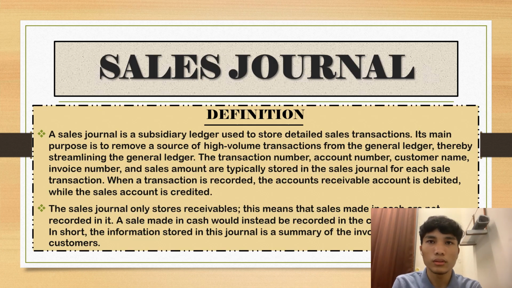Sales journal. Definition of the sales journal. The sales journal is a subsidiary ledger used to store detailed sales transactions. Its main purpose is to remove a source of high volume transactions from the general ledger, thereby streamlining the general ledger. This includes transaction number, account number, customer name, invoice number, and sales amount that are typically stored in the sales journal for each sales transaction.